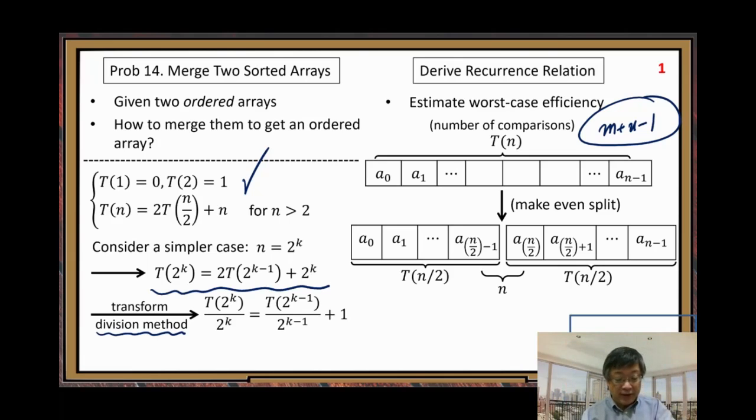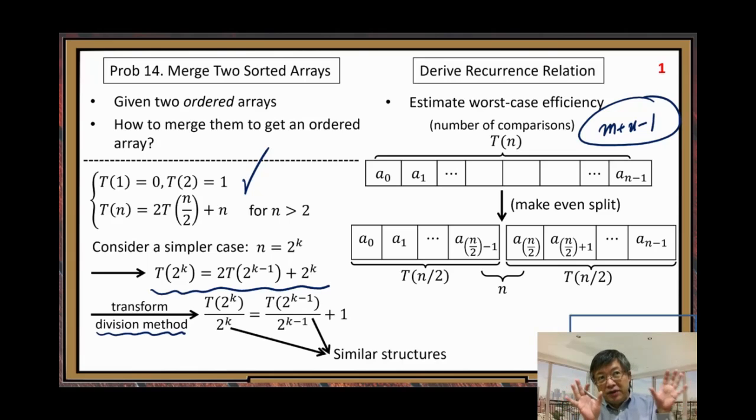Can you see the similar structures? These two fractions, do they have a similar structure? If you can see, then we're almost there. The only difference is you just change the superscript from k to k minus 1.